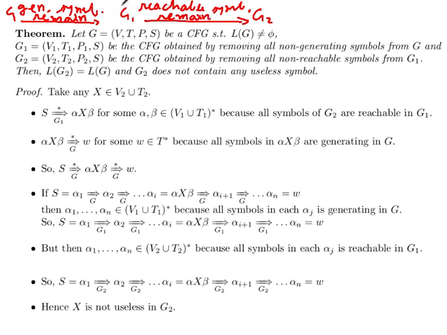Okay, so this is your G1, this is your G2, this is the given G. So this removal is taking place from G, this removal is taking place from this G1.